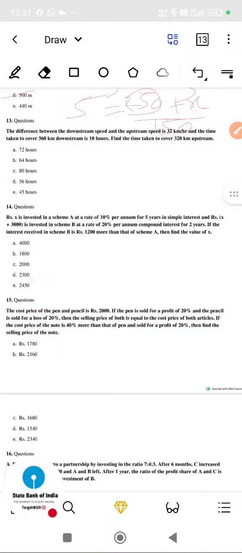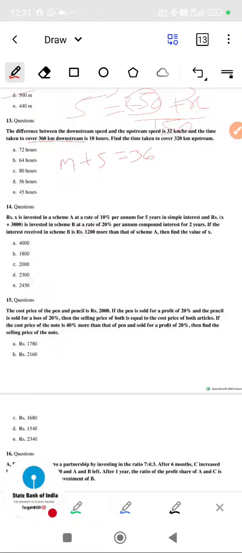Let's solve here. The difference between the downstream speed and the upstream speed is 32 kilometers per hour, and the time taken to cover 360 kilometers downstream is 10 hours. So from this point it is clear that downstream m plus s equals 360 divided by 10, which will be 36.